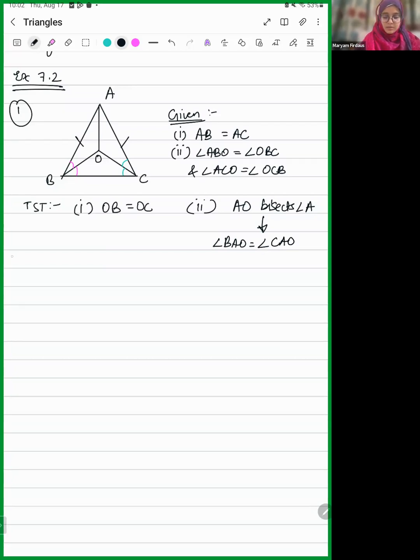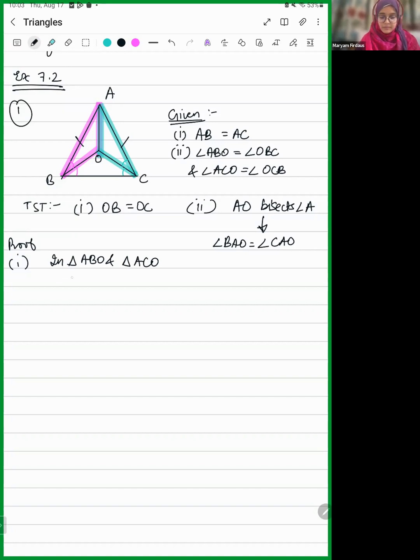So first, let's start with the proof of the first one, OB is equal to OC. How can we prove that? By showing two triangles as congruent. Which two triangles? ACO and ABO. So ABO is like this and ACO is like this. So in triangle ABO and triangle ACO, what all do we have?